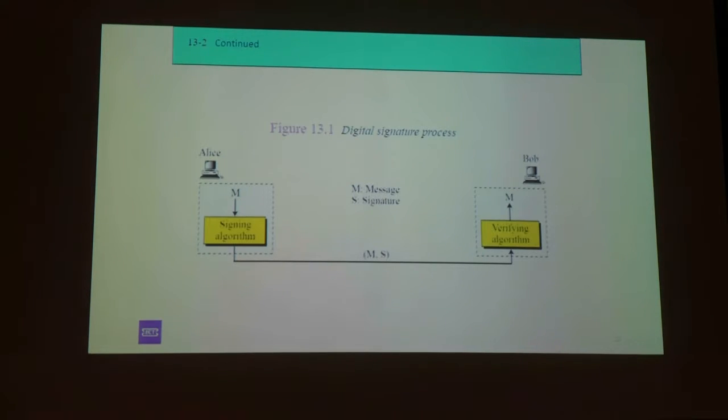So what will happen here? You have a message that you need to sign. Basically, you'll have a signing algorithm. You sign it, and then you send the message and the signature separately.